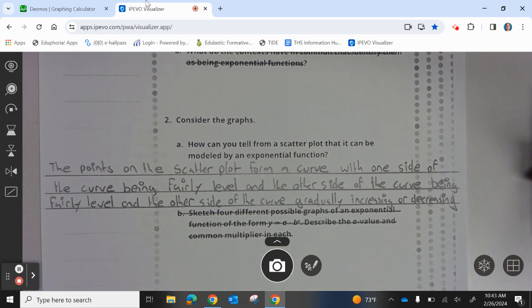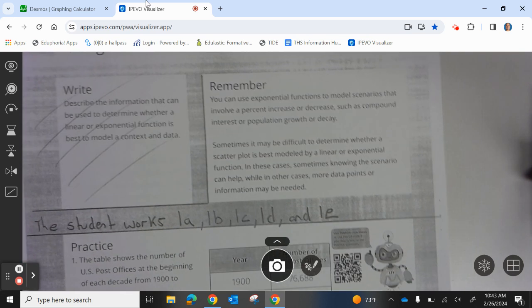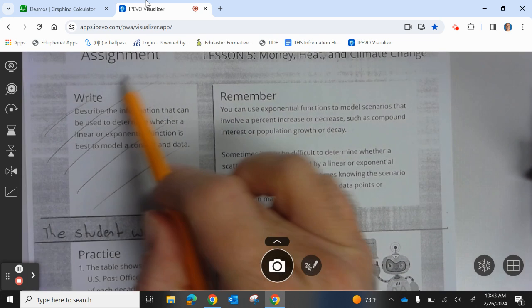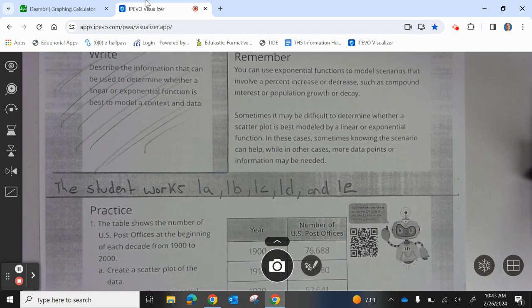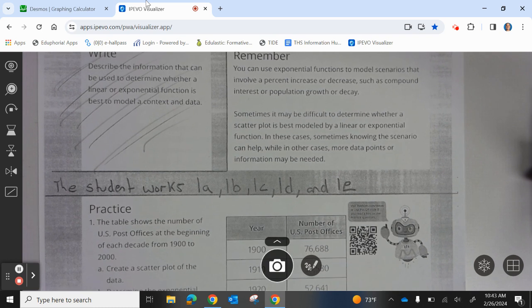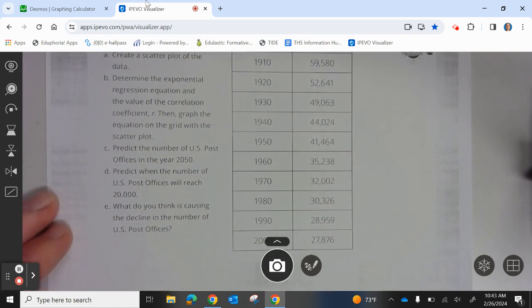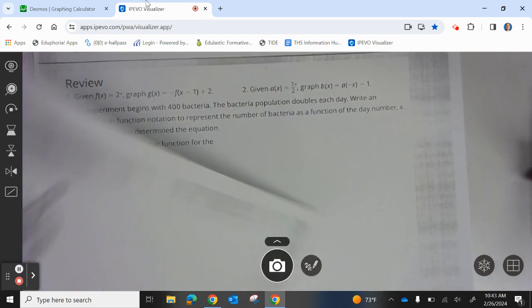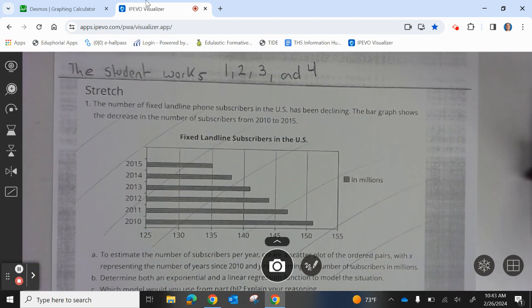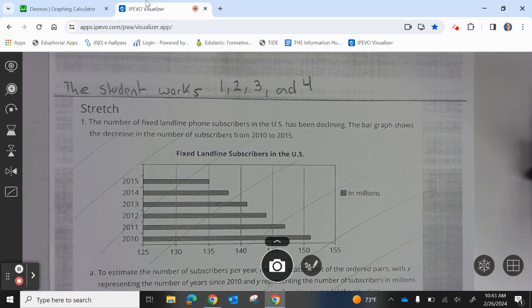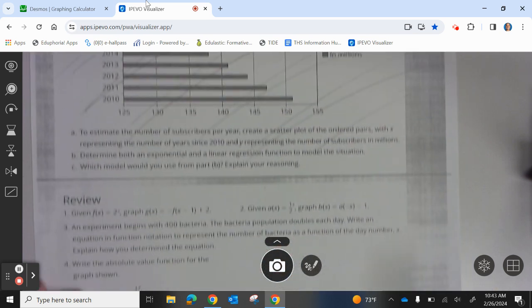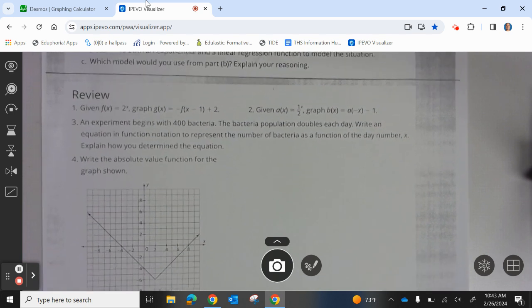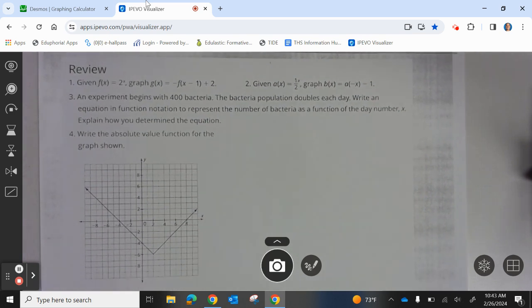Let's take a look at the next page. All right, go mark this small portion out. The student works 1A, 1B, 1C, 1D, and 1E. The student works 1, 2, 3, and 4. All right, go and start working on your assignment and have a wonderful Wildcat day.